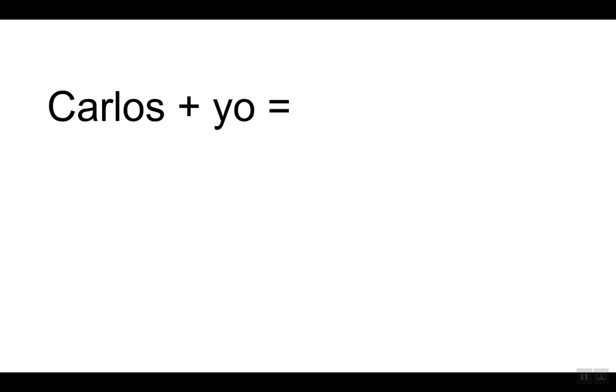What do we become? Nosotros. Regardless of my gender, I'm going to use nosotros because Carlos is a boy. And we were referring to ourselves, like he and I. Together, put us together, it's we.